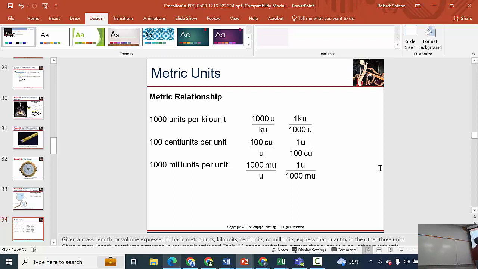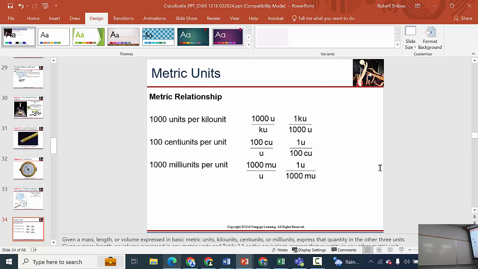So kilo, you should know. There are 1,000 units per kilo unit. And so this is just some generic unit. You could do meters, 1,000 meters per kilometer. You could do grams, 1,000 grams per kilogram, whatever you want. There are 100 centi units. So the only centi unit we use is meters. So 100 centimeters per meter. 1,000 milliunits.